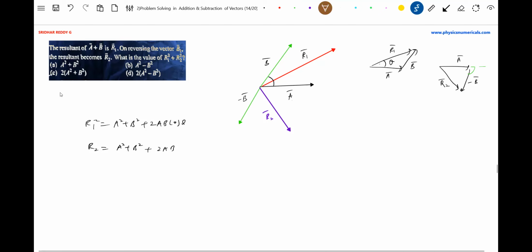So the angle between A bar and minus B bar will give cos of 180 minus theta, which is minus 2AB cos theta. I'll add up these two.